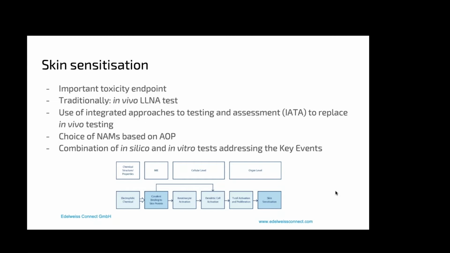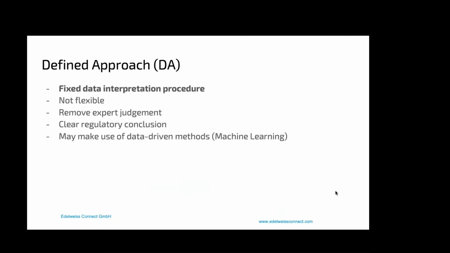Next slide, please. So we have today multiple so-called defined approaches. These are defined testing strategies which have, and it's important, a fixed data interpretation procedure. This is supposed to make them more regulatory acceptable because they try to avoid subjective expert judgment, and they provide clear rules on how to assess your compound.